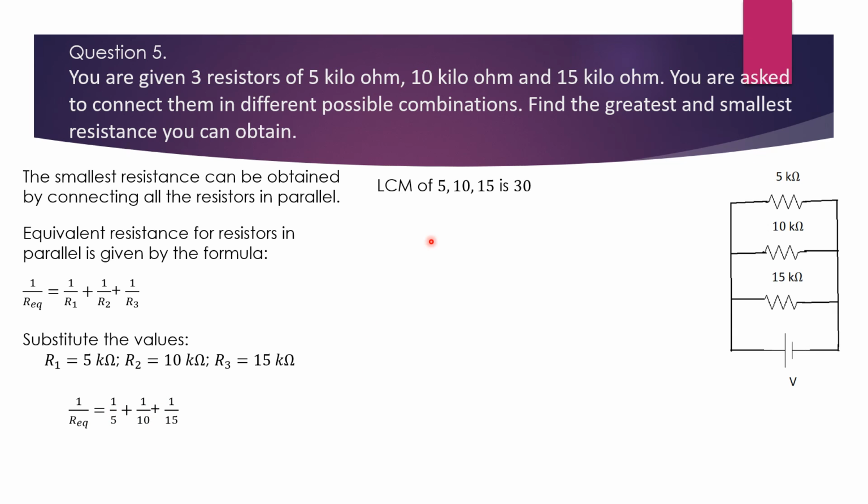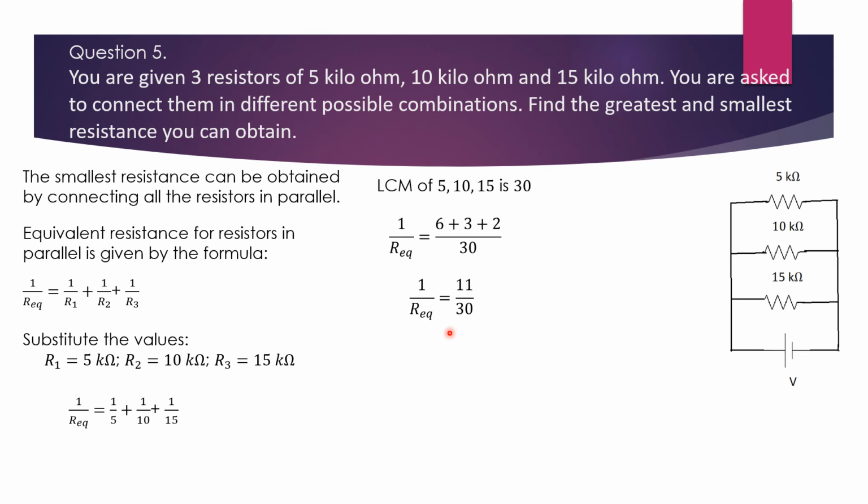The LCM of these three numbers, 5, 10 and 15 is 30. So taking the LCM here, this becomes 6 plus 3 plus 2 in the numerator. That is very basic math. I am sure you all must be knowing it. Now adding all these numbers results in 11 over 30. So 1 over R equivalent is equal to 11 over 30.